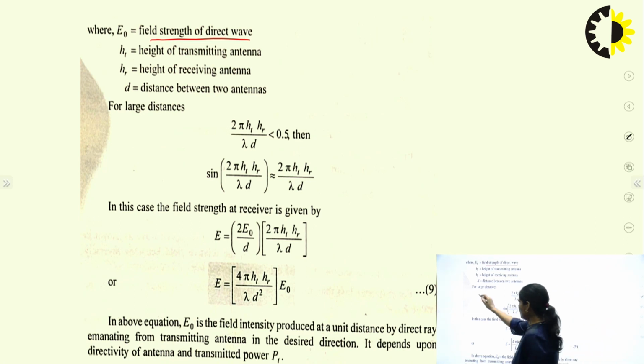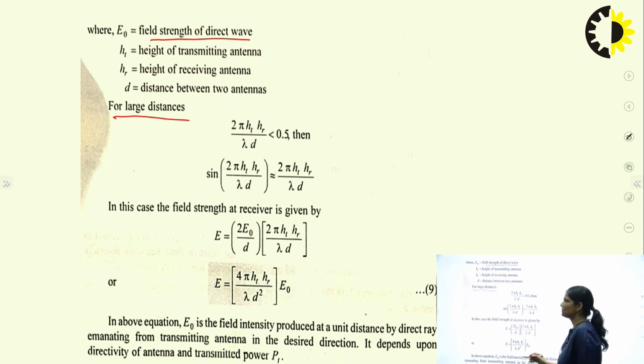Now, for large distances, 2 pi HT HR upon lambda D is less than 0.5. Then sin (2 pi HT HR upon lambda D) is nearly equal to 2 pi HT HR upon lambda D. So sin theta is nearly equal to theta.